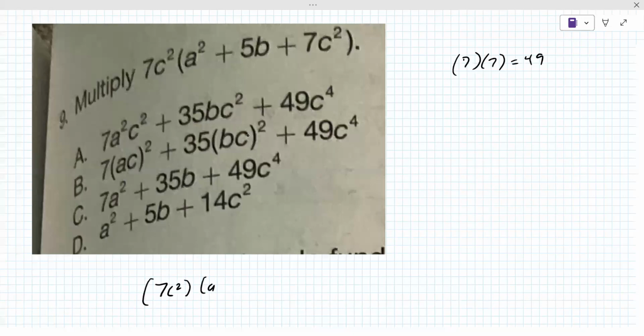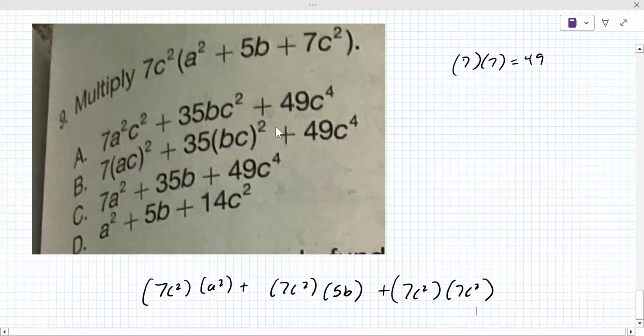7c squared times a squared, 7c squared times 5b, 7c squared times 7c squared. The main thing when the bases are the same, like when you have c times c, the exponent becomes, you're adding the exponents. You would add the 2's.